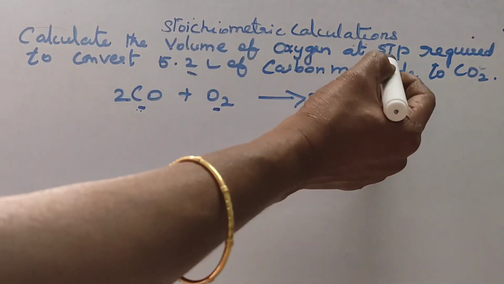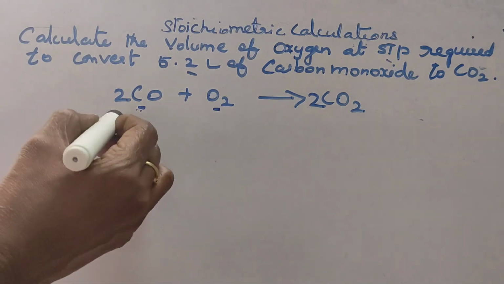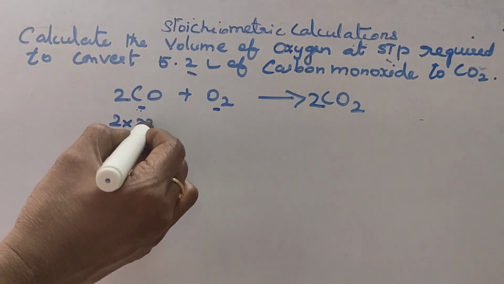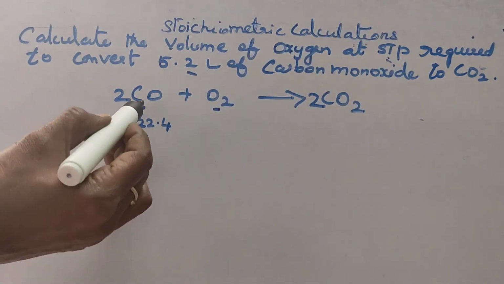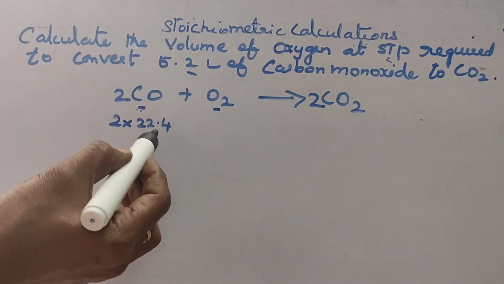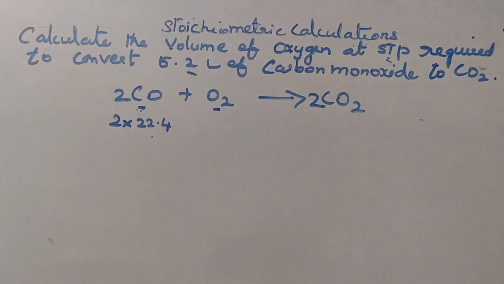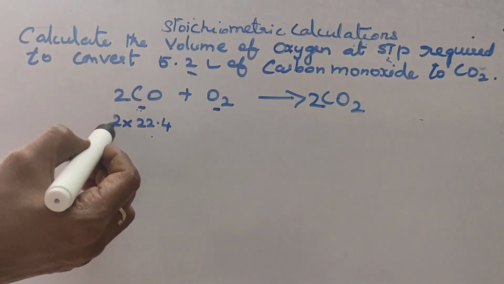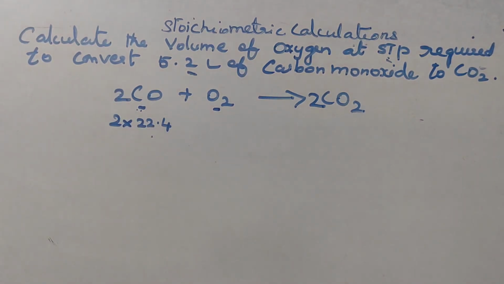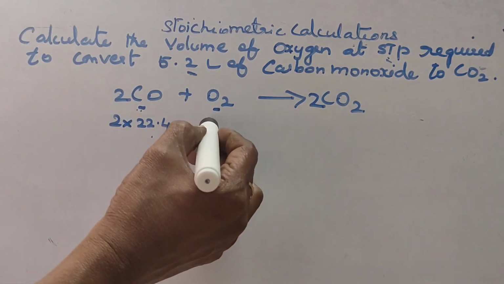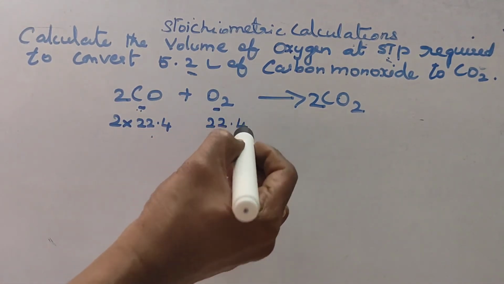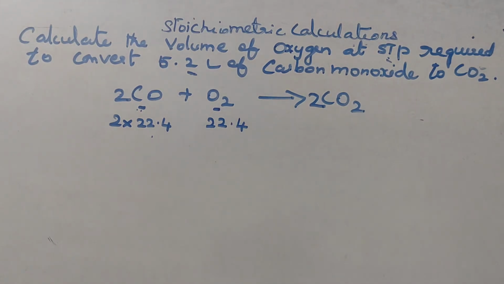Volume means at STP, 1 mole of a gas will occupy 22.4 liter. Here 2 moles, so 2 into 22.4 liter of carbon monoxide combines with 1 mole, so 22.4 liter of oxygen.